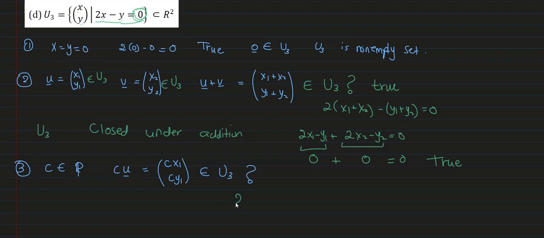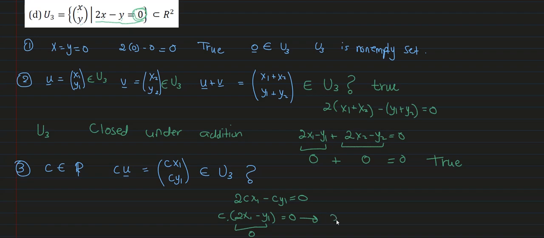We will take 2 times the first component, which is Cx1, minus the second component, which is Cy1, equals 0. Let me take the C as a common factor so that we are left with 2x1 minus y1. Now 2x1 minus y1 is equal to what? We said that U belongs to U3, so x1 and y1 satisfy this condition in the two components. So 2x1 minus y1 is 0, and 0 times anything, times C, is 0.